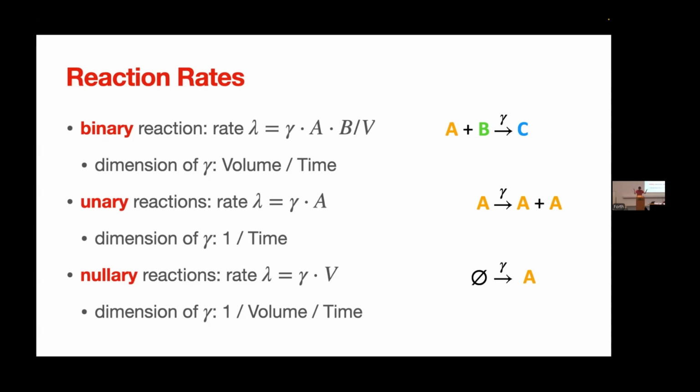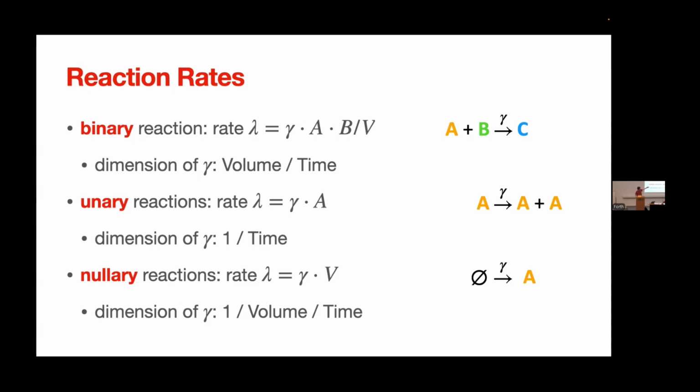So the only things that we need to consider are binary, unary, and nullary. A unary reaction is something like A going to 2A, for example. It's a duplication reaction. So that does happen. Here the gamma has a different dimension. More or less, the rule is that lambda should be a rate, so 1 by time, and it should be linear in all the reactants.